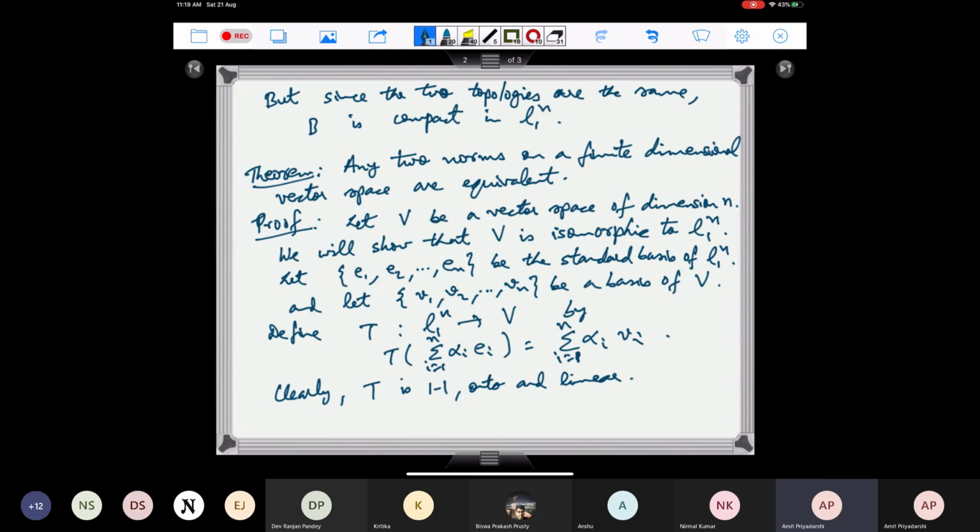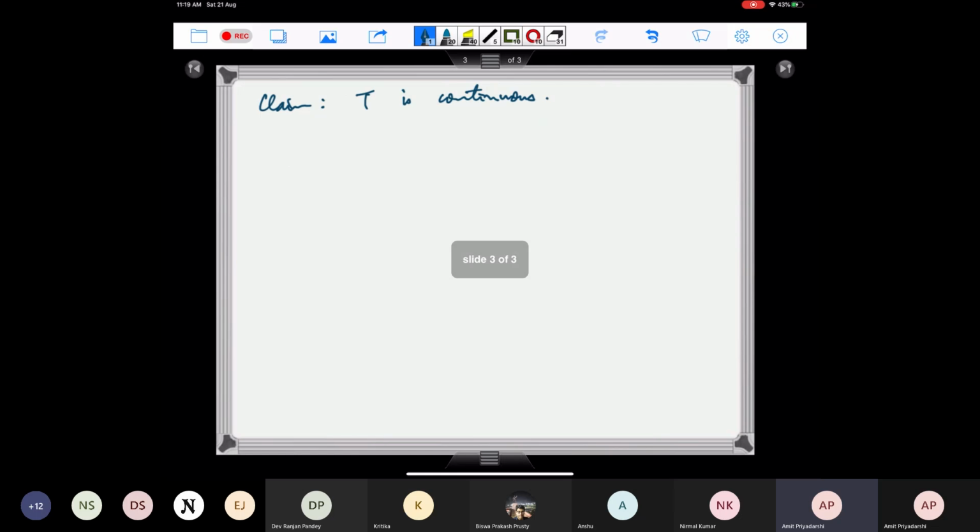If x equal to summation alpha i ei belongs to L1n, then T of x is summation alpha i vi.